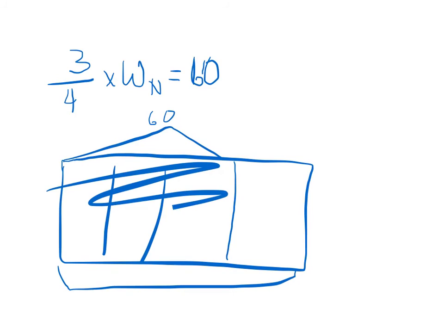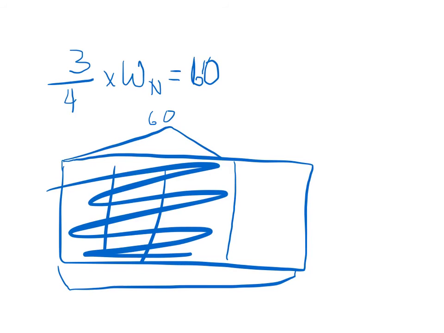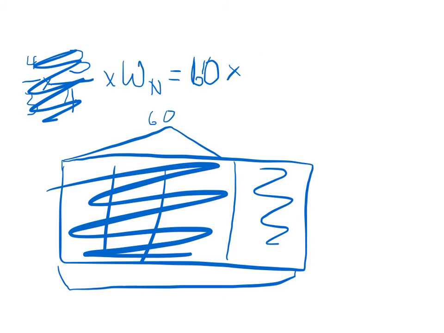If I divide up, these 3/4 are 60. So if I have this extra section over here, what's my answer going to be? So again, I need to get the what number all by itself. So I multiply by the reciprocal, so that this will cancel out over here. This will equal 1. So over here, I multiply by the reciprocal as well.